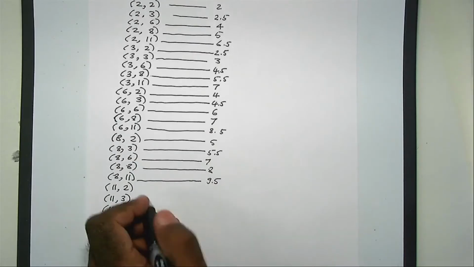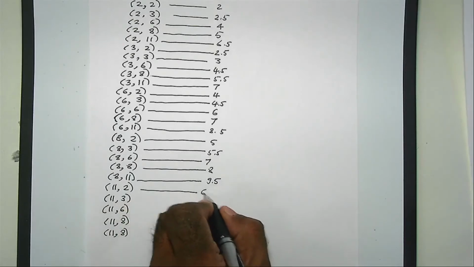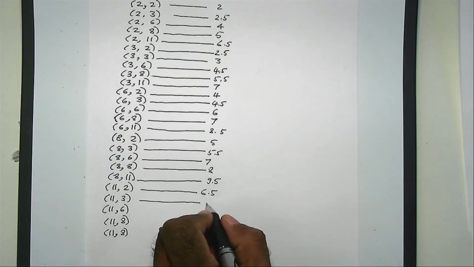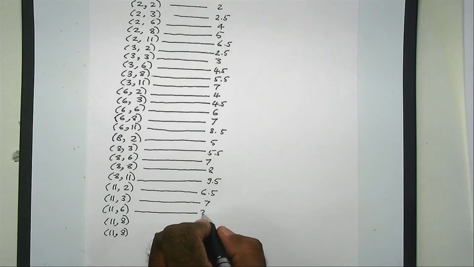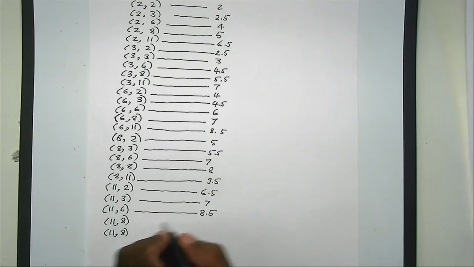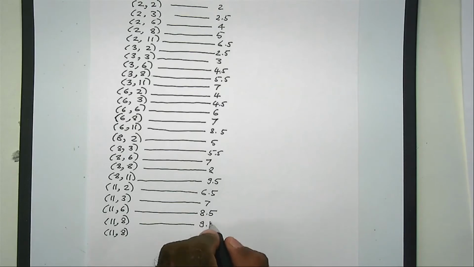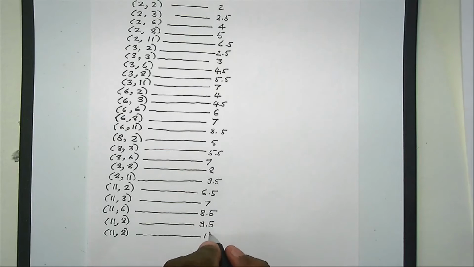And 11, 2, the average is 6.5. 11, 3, 7. 11, 6, 8.5. 11, 8, the average is 9.5. And 11, 11, the average is 11.